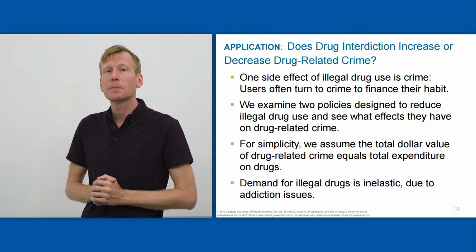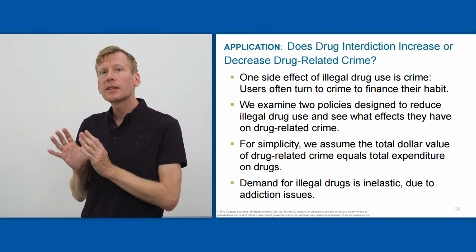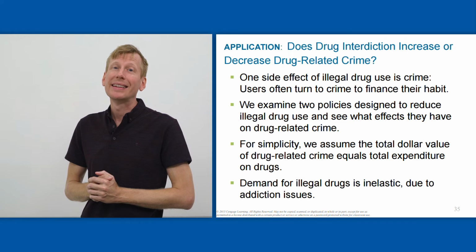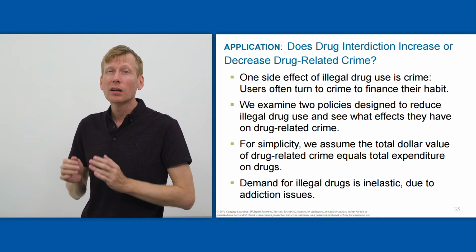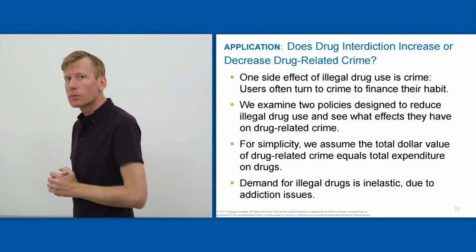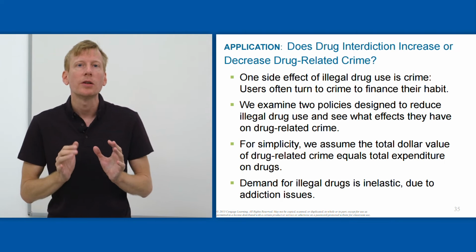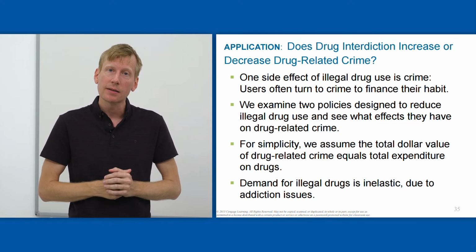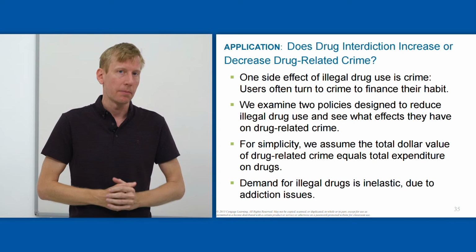What we want to look at specifically is which of these policies is likely to reduce rather than increase drug-related crime. Now, what we assume is that there's a linear relationship between the total amount of money that's spent on illegal drugs and drug-related crime.